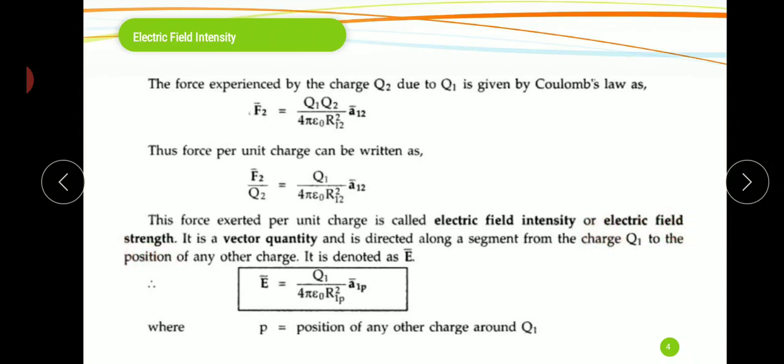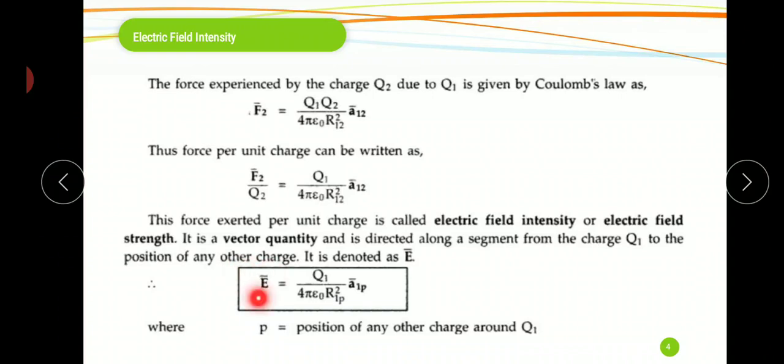It has both magnitude and direction, which means it is a vector quantity. Then which direction does it indicate? It is always along the direction from charge Q1 to the position of any other charge.